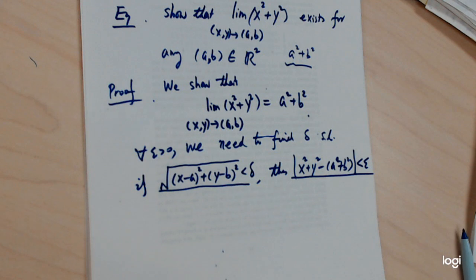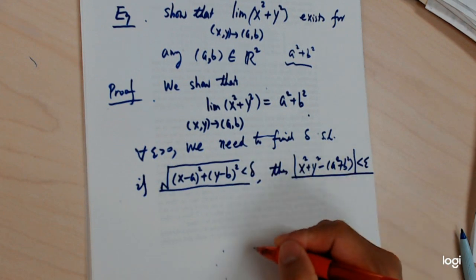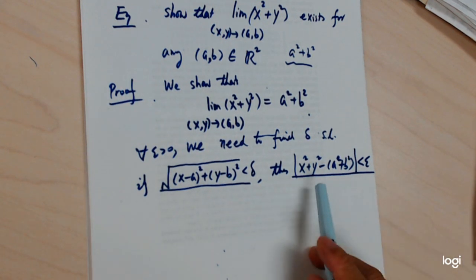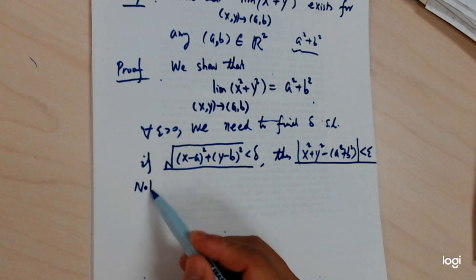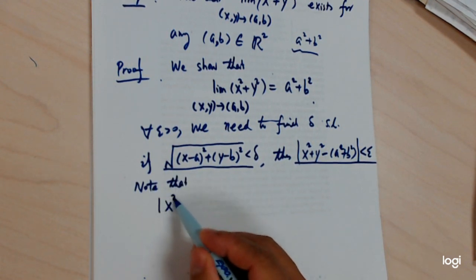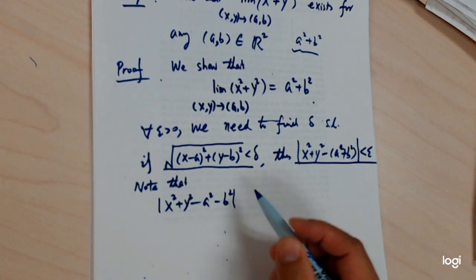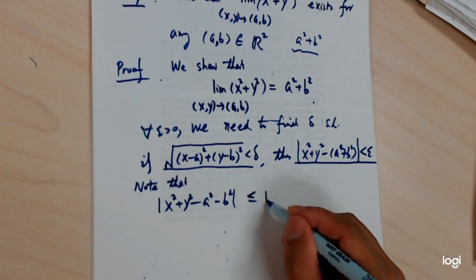Obviously this does not feel easy. How do I pick a delta so that this inequality implies the next? I can barely tell how those two terms are related. So let's work backwards and take a look at this. First, I apply the triangle inequality.